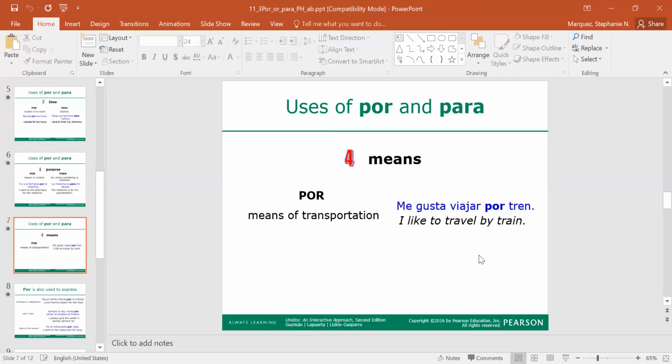If I like to travel by car, that is my preferred means or mode of transportation, then I could say, me gusta viajar por coche, por carro, por automóvil, por vehículo. One of the various different ways to say car, automobile, or vehicle in Spanish.